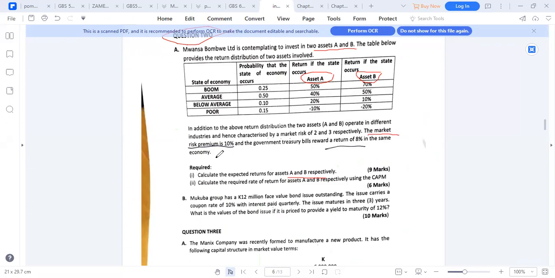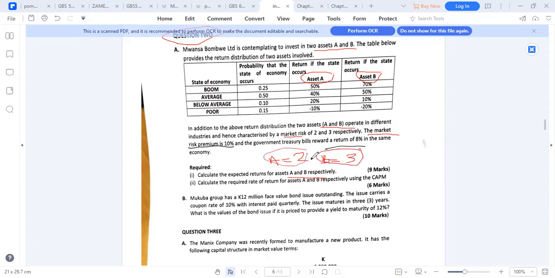And the respective betas for A and B: A has a beta of 2, then B has a beta of 3. So we have those stocks.